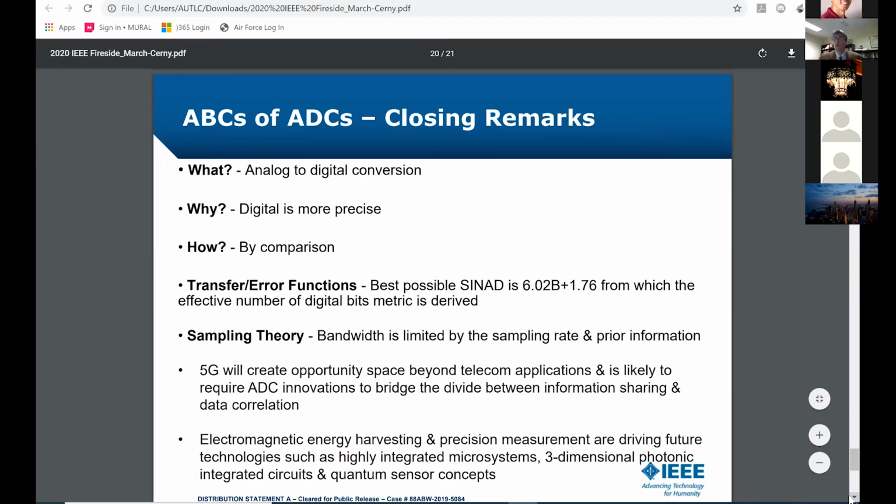I think we're all seeing the introduction of 5G telecommunications, but I do think that it will go far beyond just communications, and analog to digital converters will probably bridge that gap for even more sensing and information and data correlation.